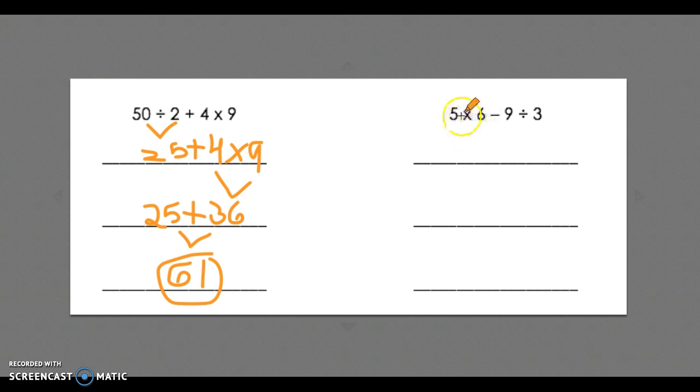So again, I'm going to solve any multiplication or division before adding and subtracting. And I'm going to work left to right with the multiplication and division. So I'm going to solve for multiplication first. 30 minus 9 divided by 3.